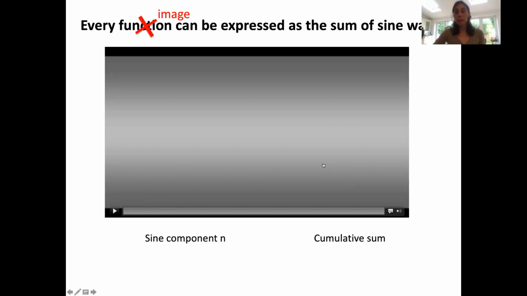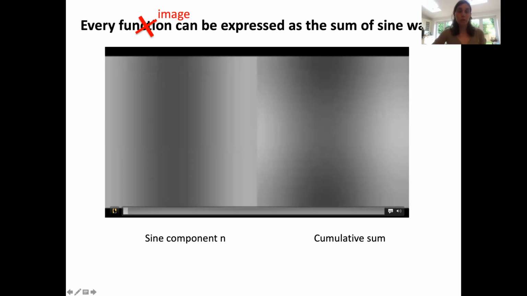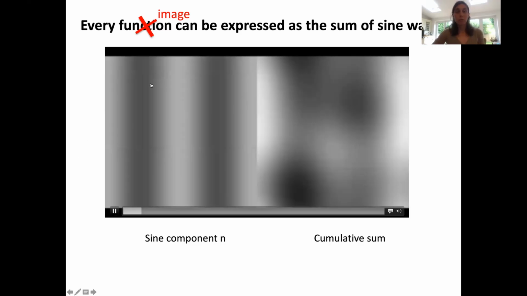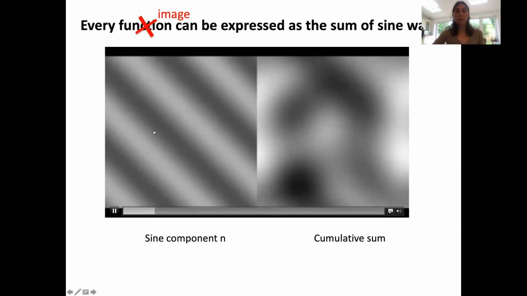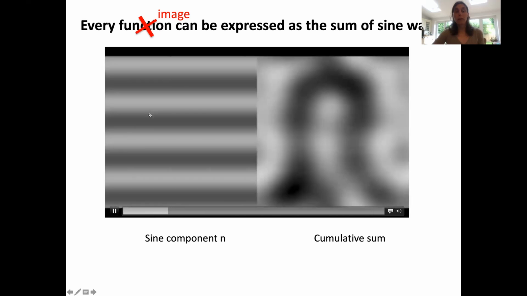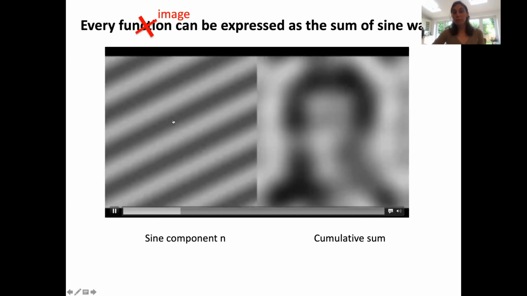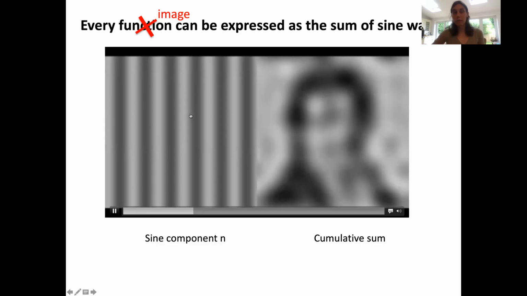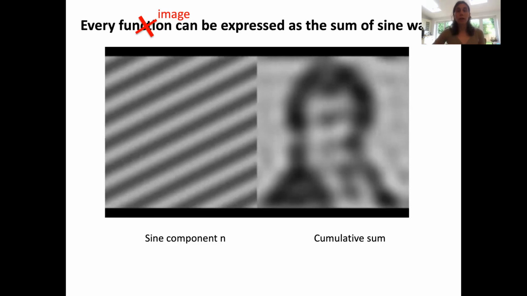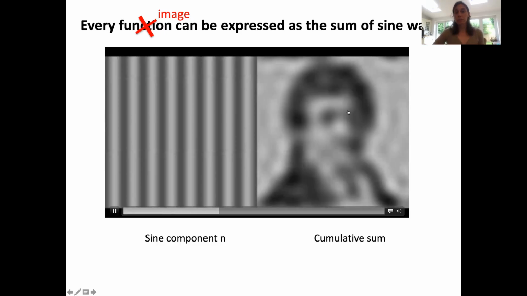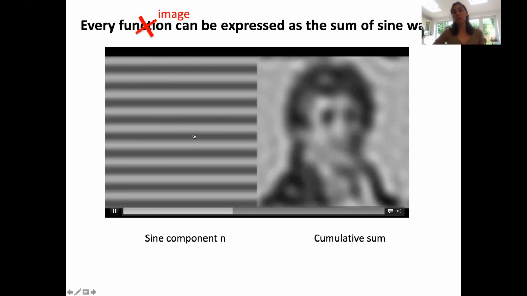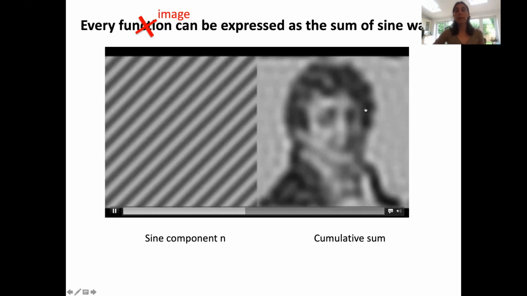And on the right side, you will see the cumulative sum, so the image that is being formed. So here you can see we start with sine waves that are getting faster and faster oscillations, and they're going in different directions. And we're just summing all of the images of these individual sine waves here on the right.